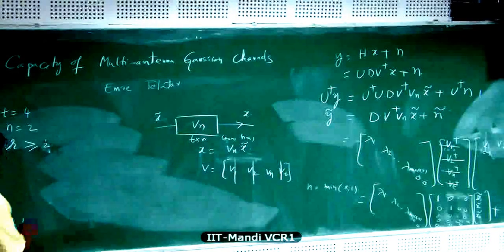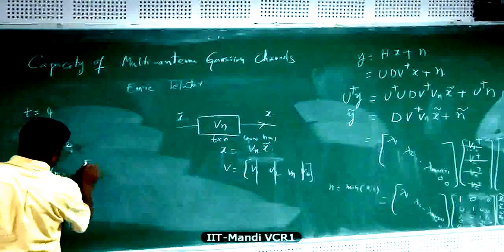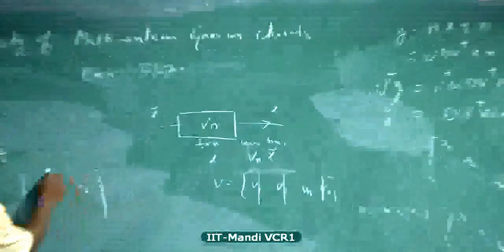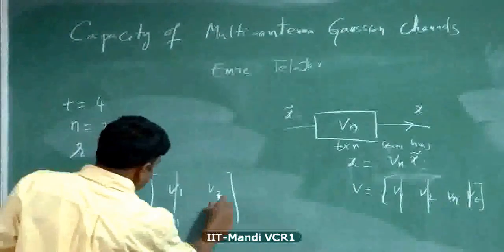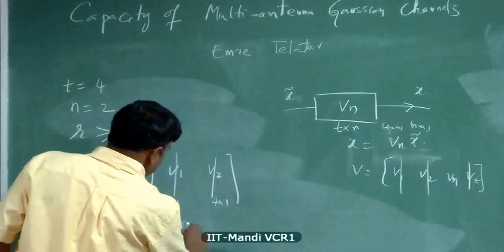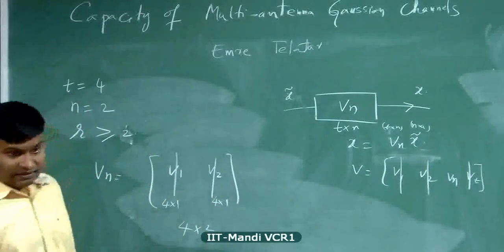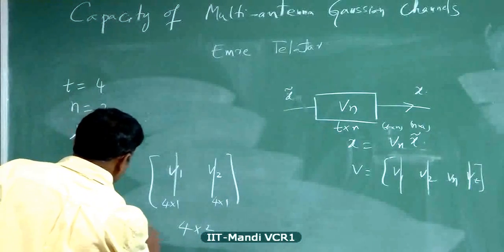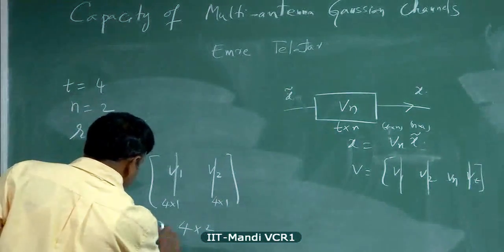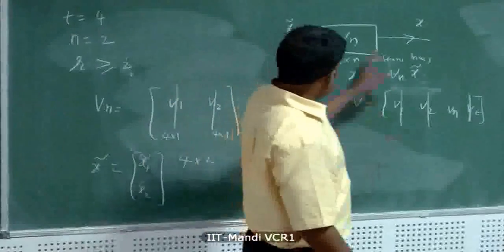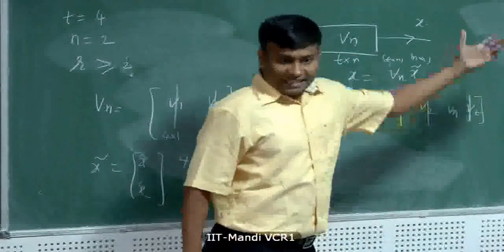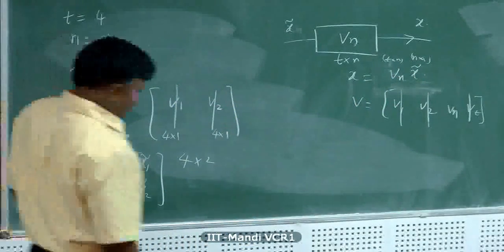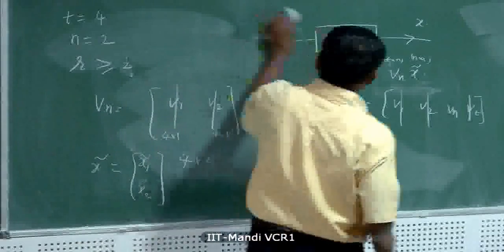So the matrix Vn is V1, V2, but this is a 4 by 1 vector and this would be a 4 by 1 vector. This is a 4 by 2 matrix. And x tilde is x1 tilde, x2 tilde. Well, I think yesterday I called it Vn into x as x. But that's okay. It's just a notation. So let me erase this.